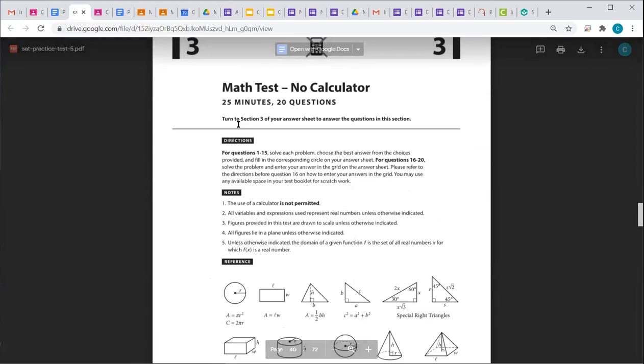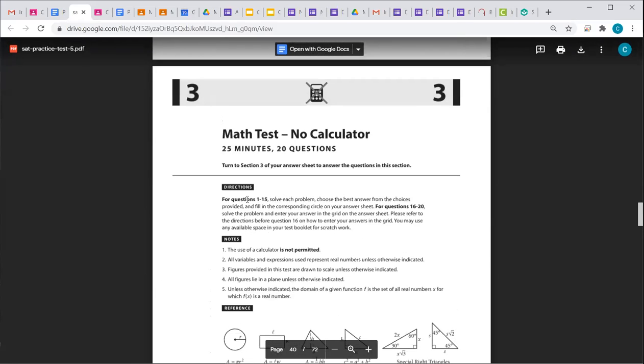Remember, time management is a big part of taking the SAT, right? If you had unlimited time, you could probably do a lot better on the test, but I think one of the big challenges on the test is your time management. So please use your time management well and pay attention to that and reflect on it after you take the test.